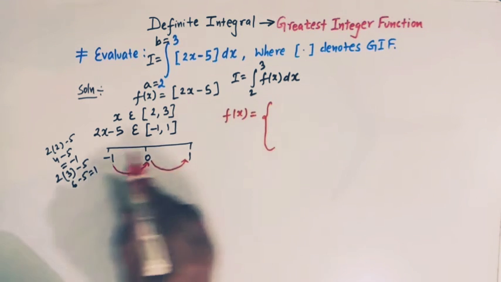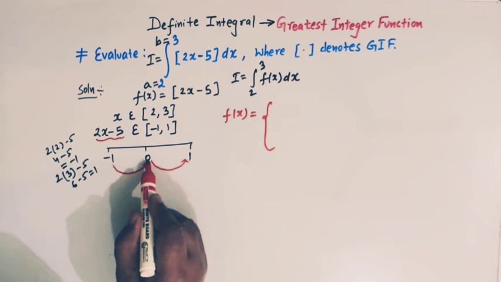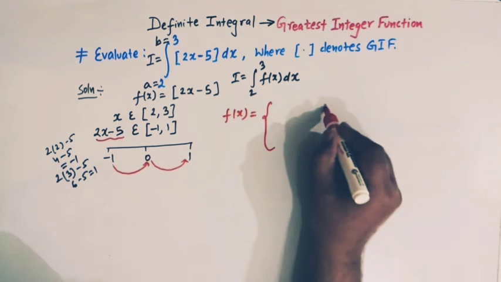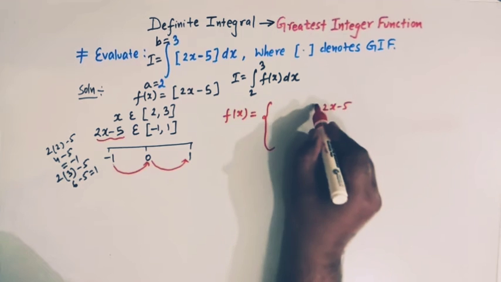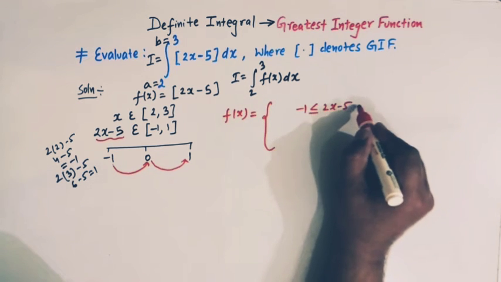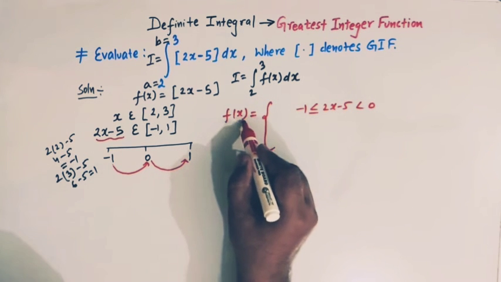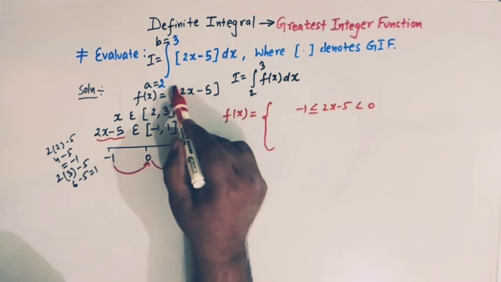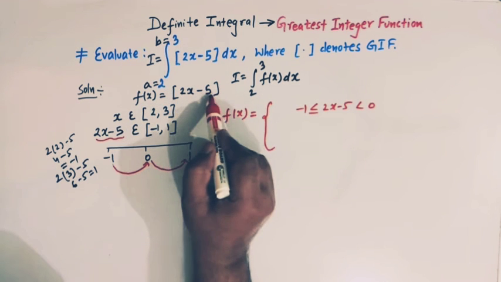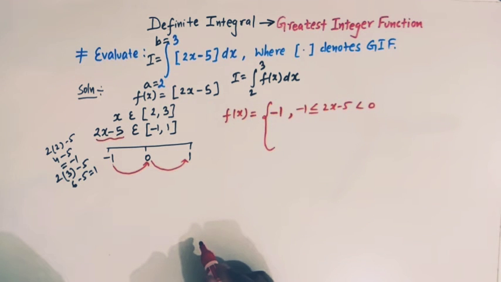So when 2x minus 5 is in the interval minus 1 comma 0, that is, when 2x minus 5 lies between minus 1 and 0, then the value of f of x, the greatest integer function 2x minus 5, is minus 1, right?